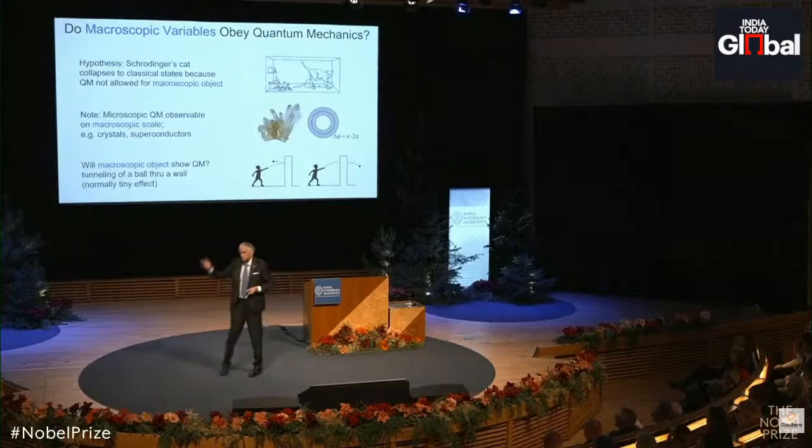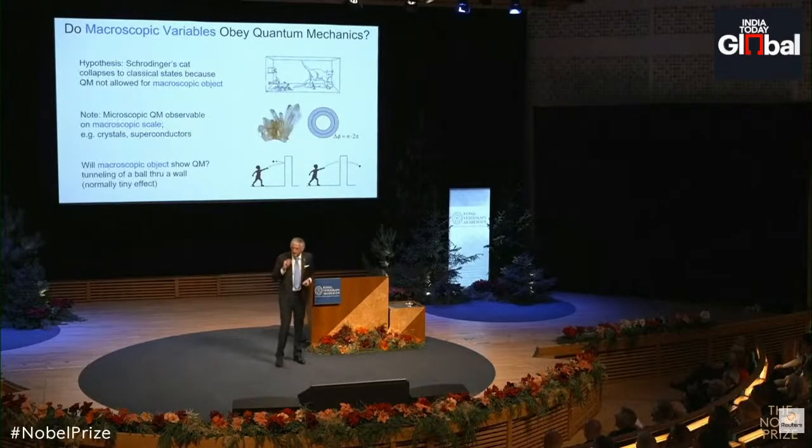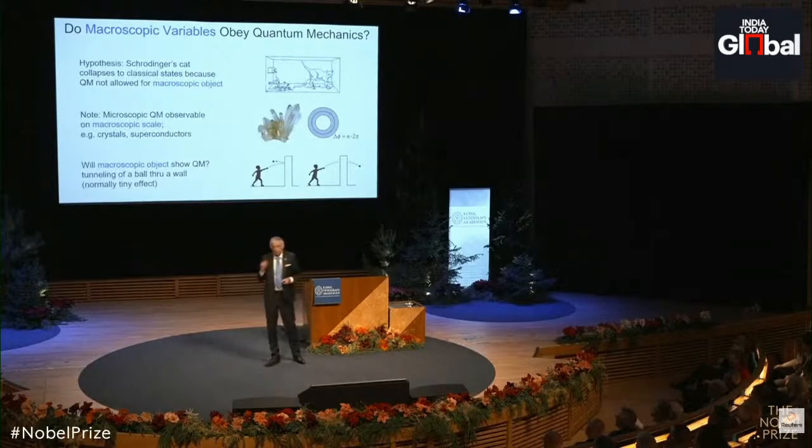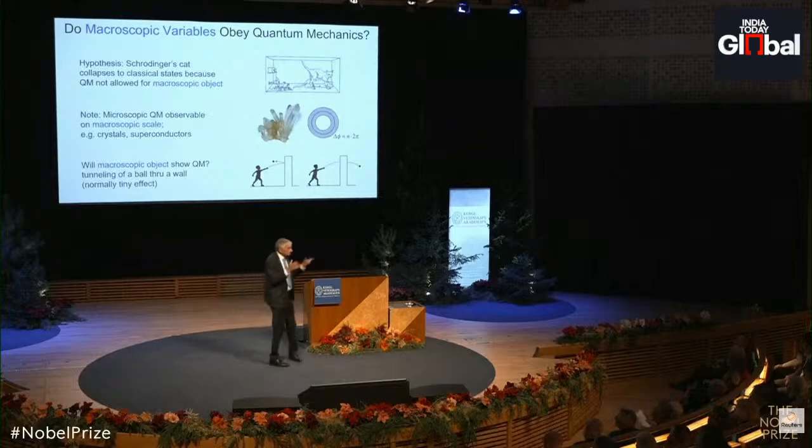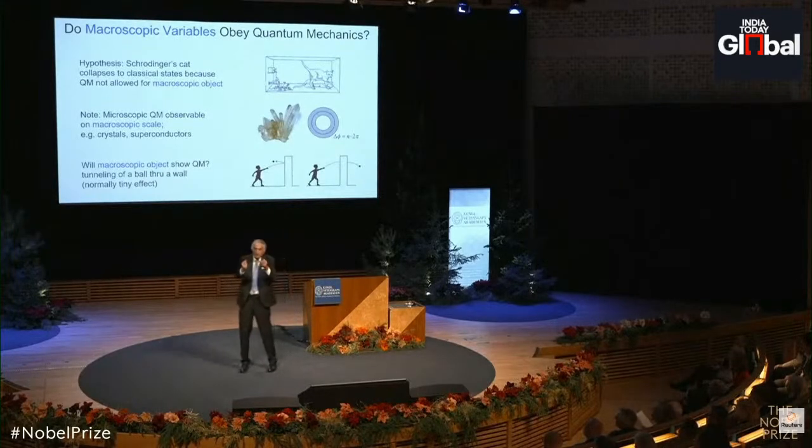And again, he proposed these electrical circuits. Now, one of the things Leggett did that was very nice, he said this is distinct from showing that microscopic quantum mechanics can be observable on a macroscopic scale. A good example of this are crystals, where you have atoms, because of the microscopic physics, attached to each other, and they'll stack up in a regular way because of that.